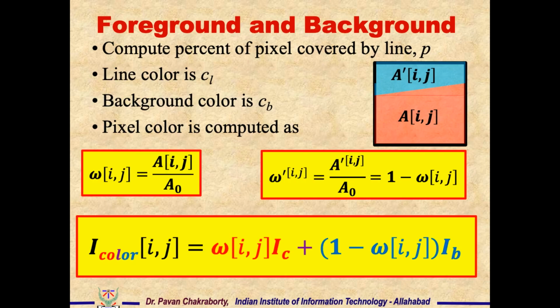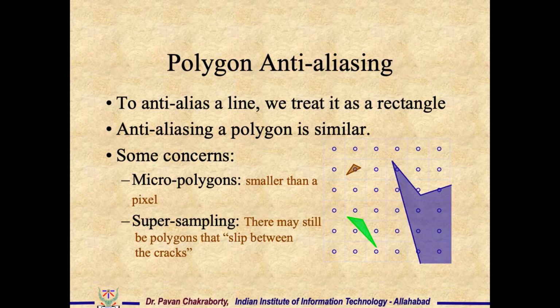So in this respect, I could color two polygons or have an anti-aliasing effect. To anti-alias a line, we treat it as a rectangle, and anti-aliasing a polygon is similar.